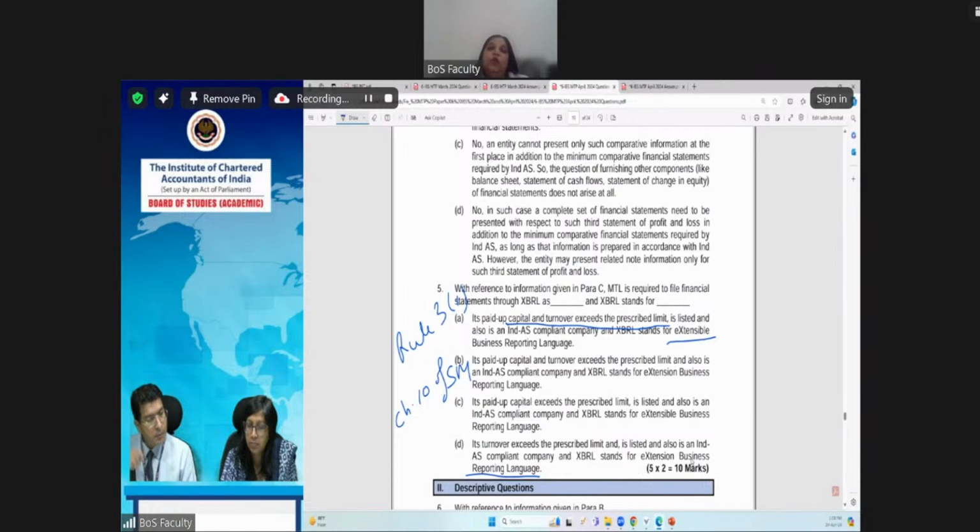But if we look at Rule 3, we can gauge that both paid up capital and turnover exceed. So though option C was not entirely wrong, but as Dimple ma'am also said, we have to choose the best option, as option A fulfills all of the conditions. So we are saying that option A is the correct answer.